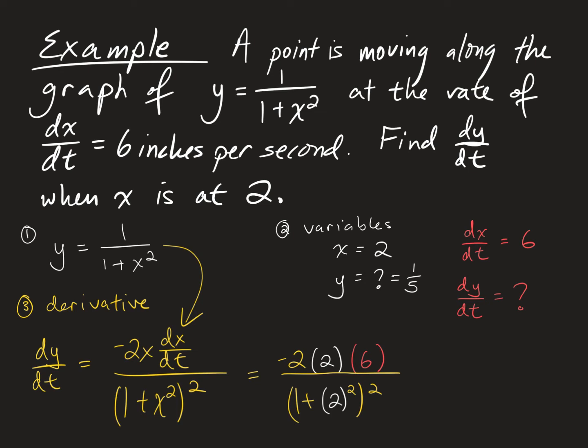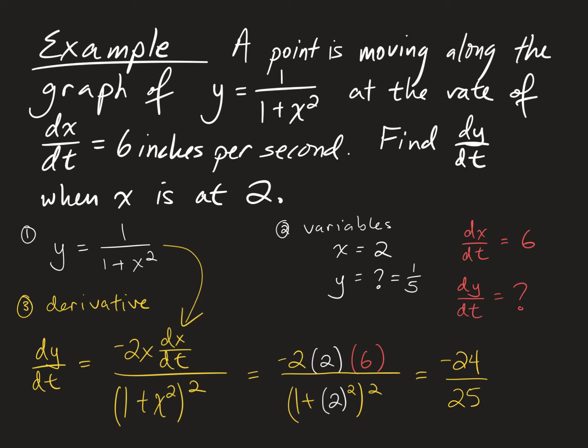All right, last thing we need to do then is simplify. Negative 2 times 2 times 6 is negative 24. And lastly, we have 1 plus 2 squared, that's 5. The whole thing squared is 25. And those are the numbers, negative 24 over 25.